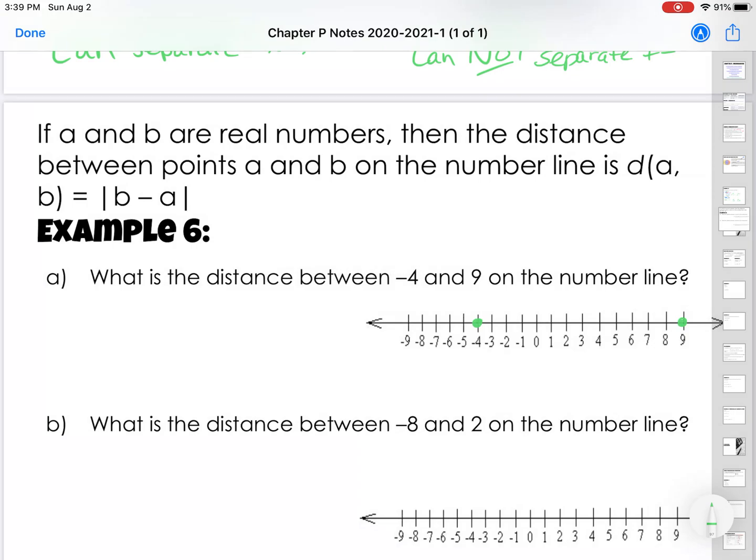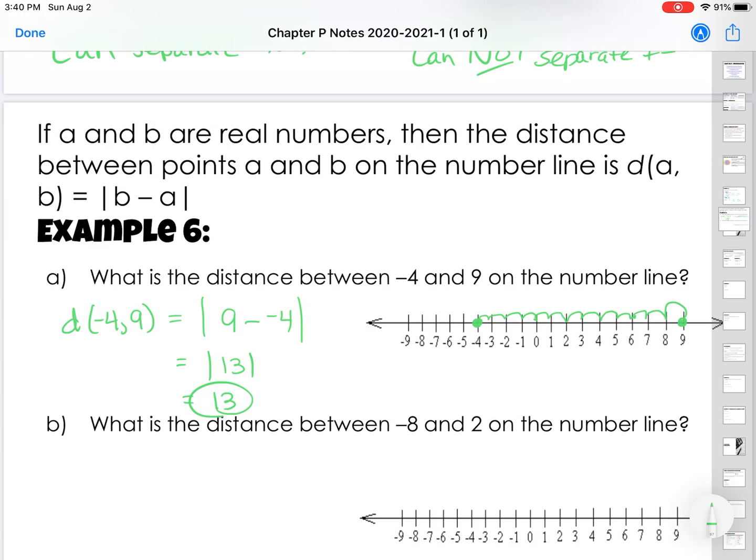But if I want the distance between -4 and 9, all I have to do is the absolute value of the difference between them. In reality, it doesn't matter which one comes first. We could do 9 minus -4, or we could do -4 minus 9. It does not matter. So that would be the absolute value of 13, which means they are 13 spaces apart. We could count 1, 2, 3, 4, 5, 6, 7, 8, 9, 10, 11, 12, 13.